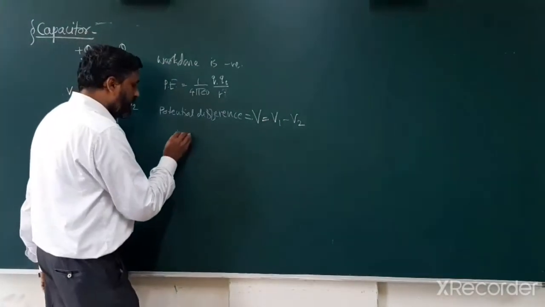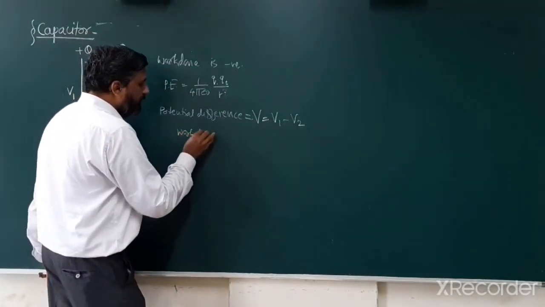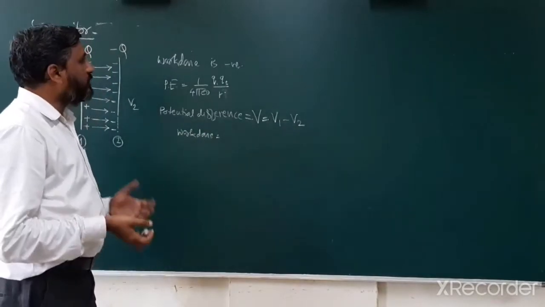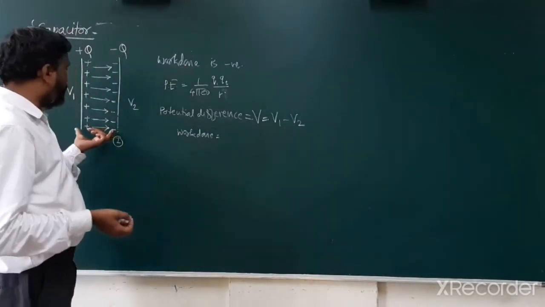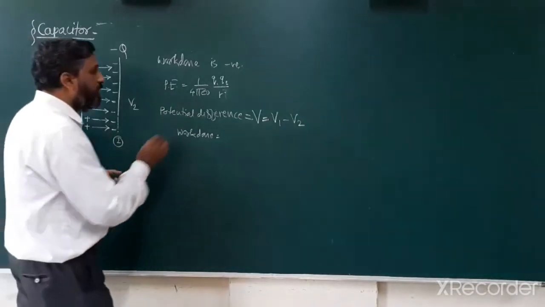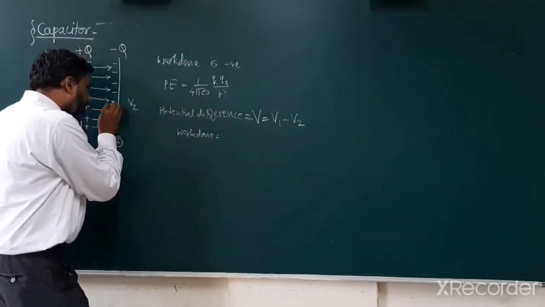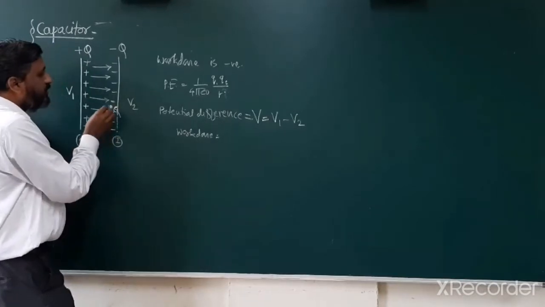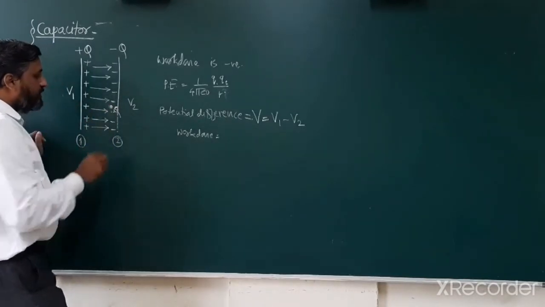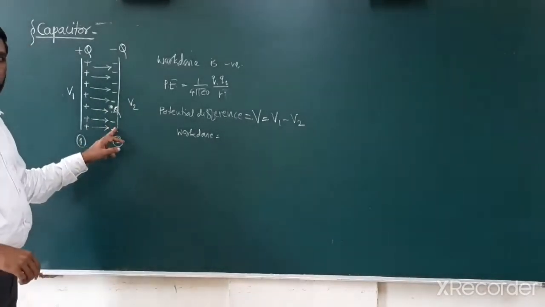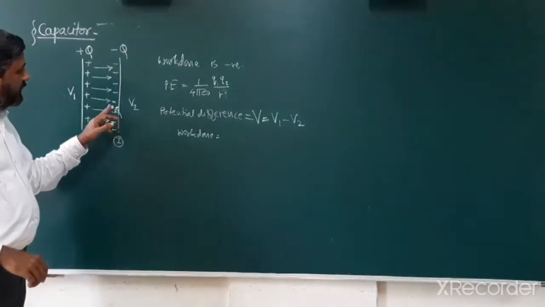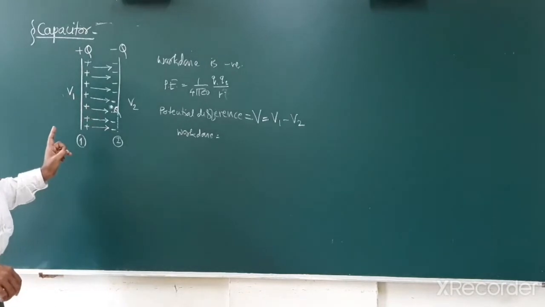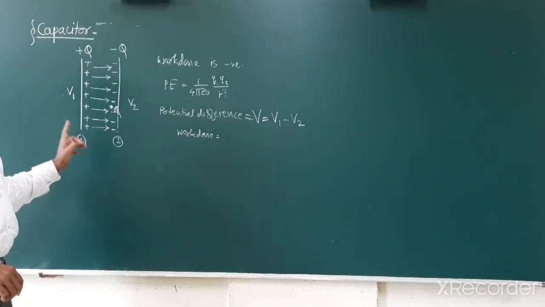And this potential is nothing but my work done, because the distance remains the same. It will depend only on the test charge. How much quantity of test charge? Let the test charge be plus Q. The test charge is displaced from the second plate to the first plate, against the direction of the electric field.